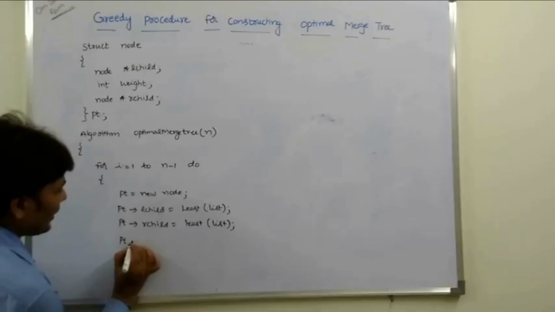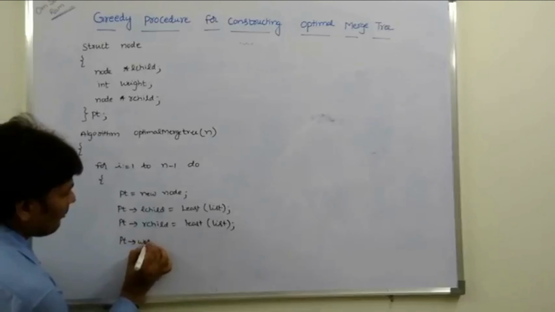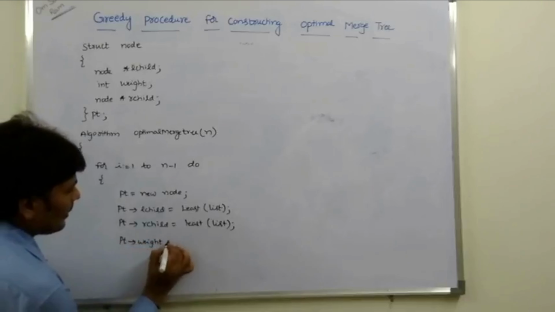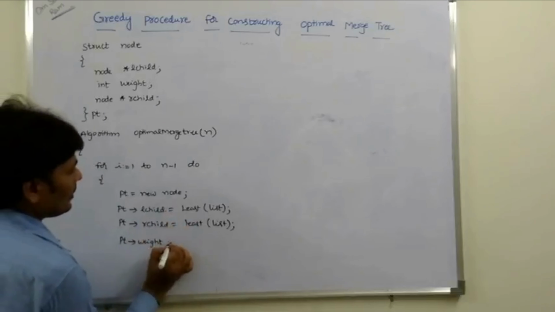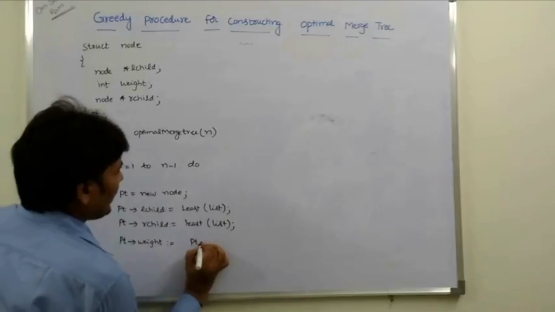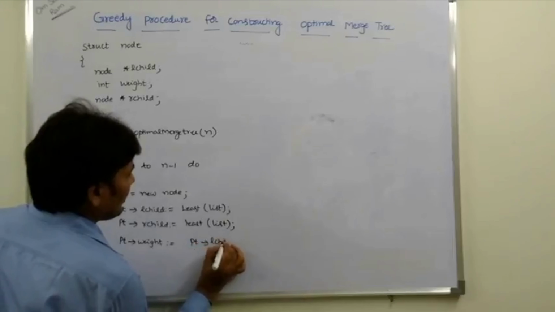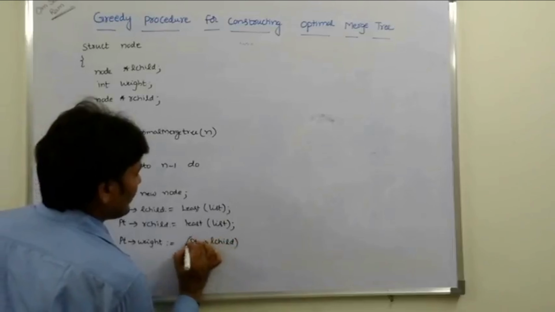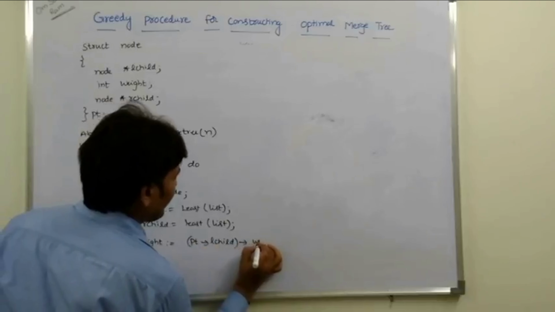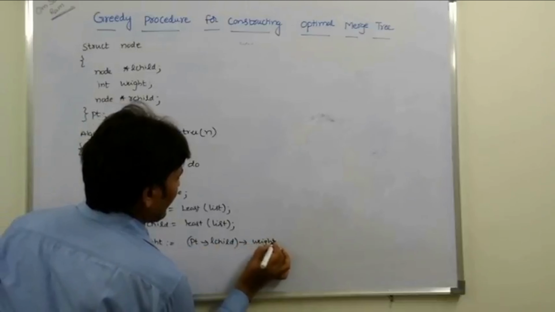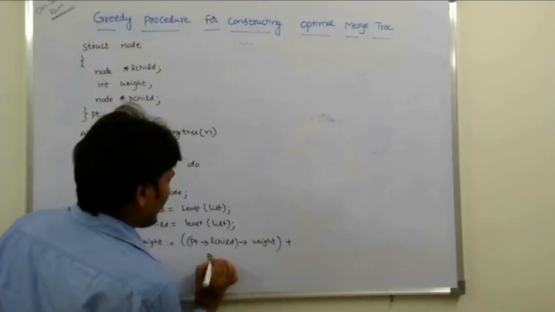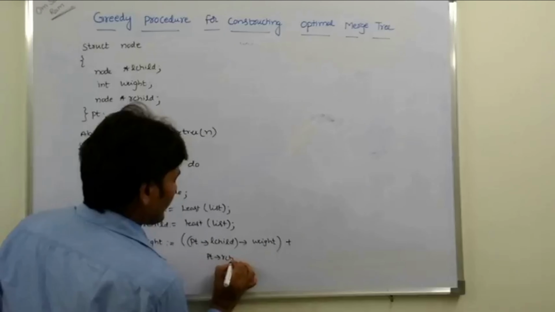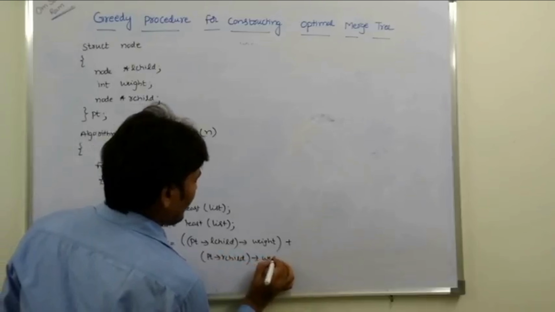So pt arrow mark weight is equal to pt arrow mark L child arrow mark weight plus pt R child arrow mark weight.